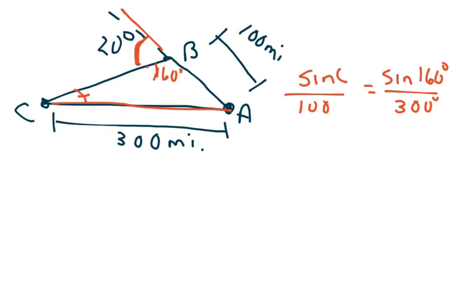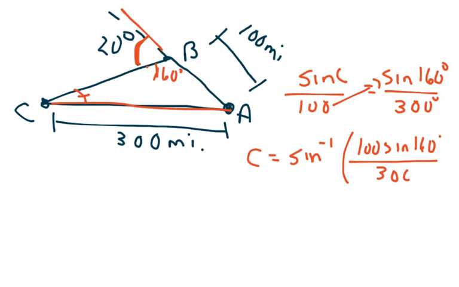And C is going to equal sine inverse of, I'm going to cross multiply and leave this here, so it's going to be 100 sine of 160 degrees over 300. Alright, so this is approximately 6.55 degrees, which is right here.